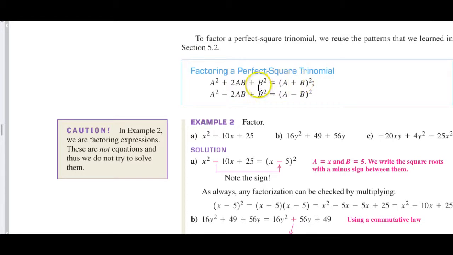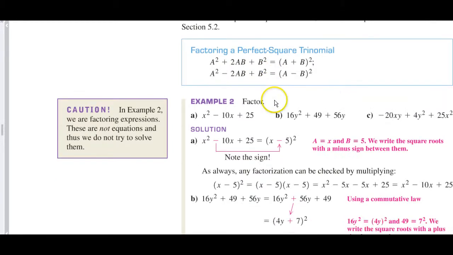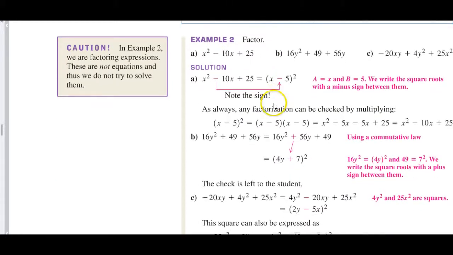The difference would be that here the middle term is positive, here the middle term is negative. Your end terms are always positive. So, if you recognize that it's a perfect square trinomial, then you might just use this procedure.